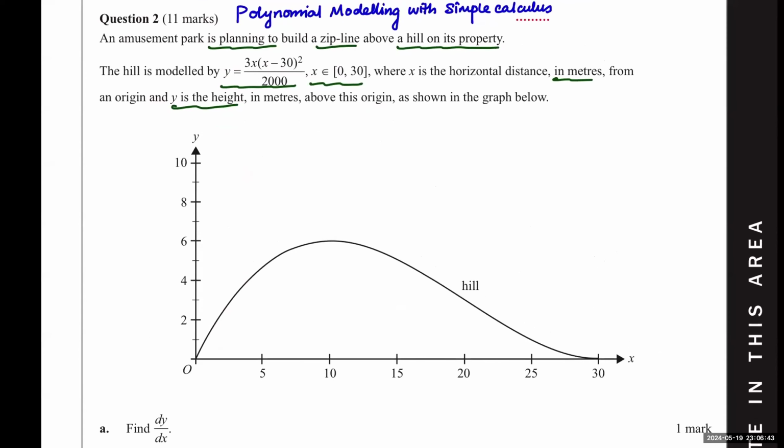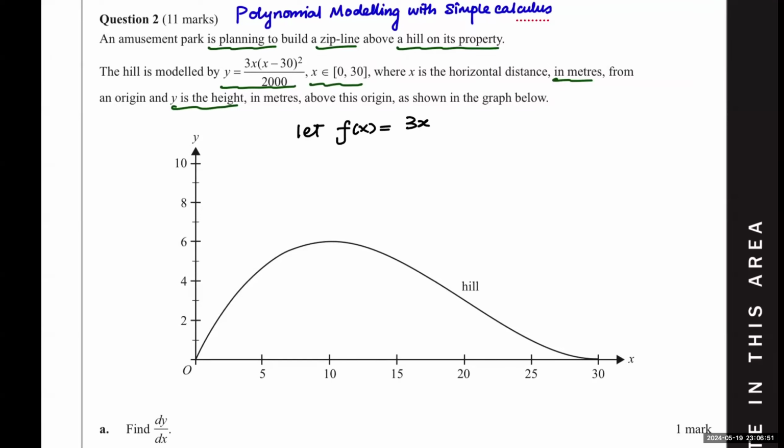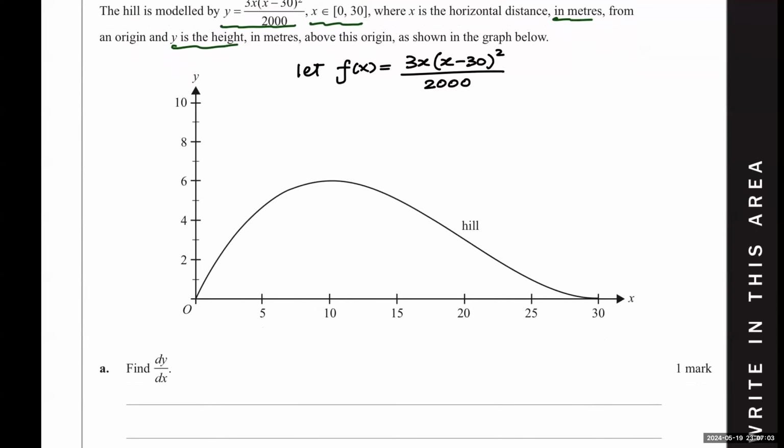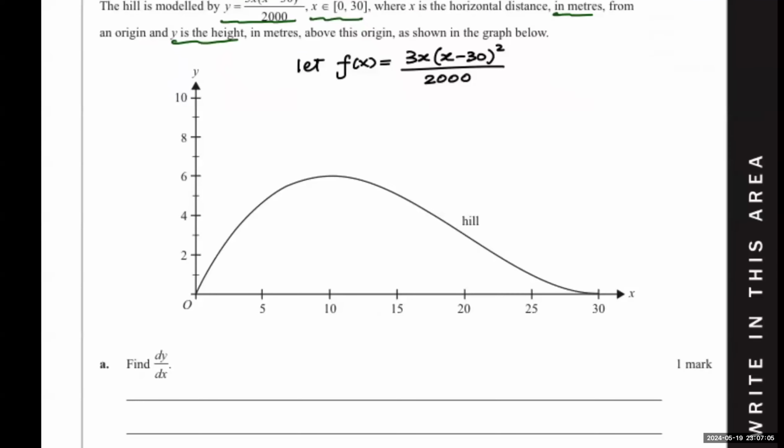Well, the question doesn't provide you a function notation, so I would say specifically let f of x equals to 3x times (x minus 30) squared divided by 2000, okay?